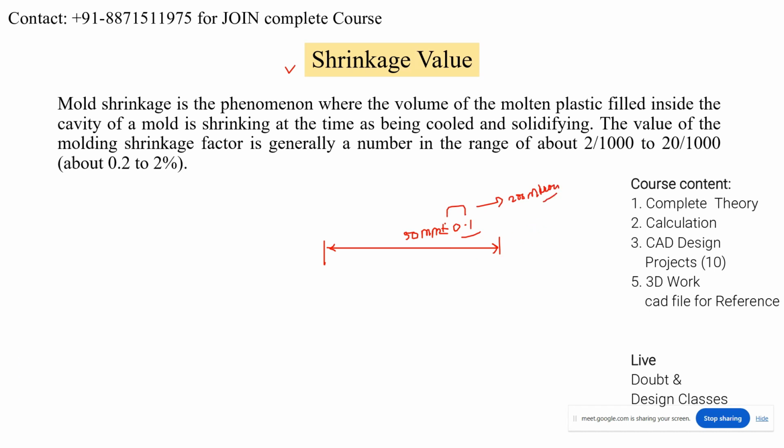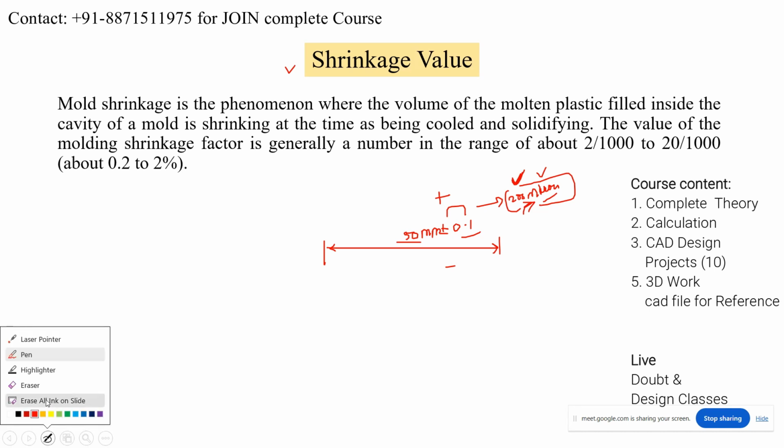How 200? 100 micron in plus and 100 micron in minus. So basically it has a 200 micron limit. So if we want to control this 50 mm dimension within this limit, we have to provide the shrinkage value, right?